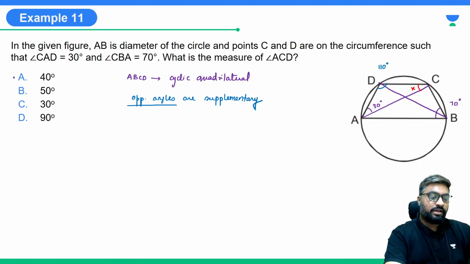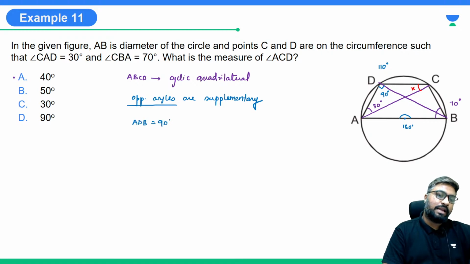Yeah. So if this is 110, and they are saying that AB is the diameter. So if AB is the diameter, this angle is 180 degrees because the diameter is a straight line, so automatically this angle will be 90 degrees. Same chord: 180 degrees at the center and 90 degrees at D. Correct? So angle ADB we found out will be 90 degrees.